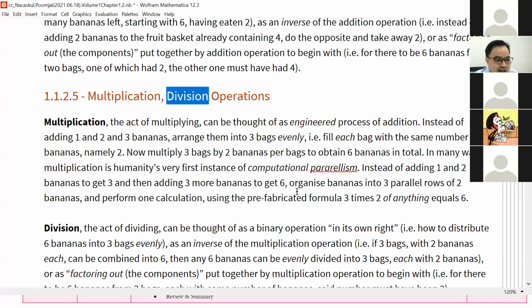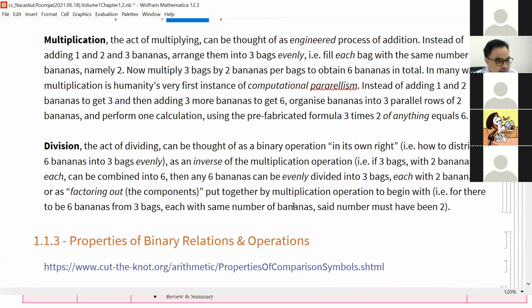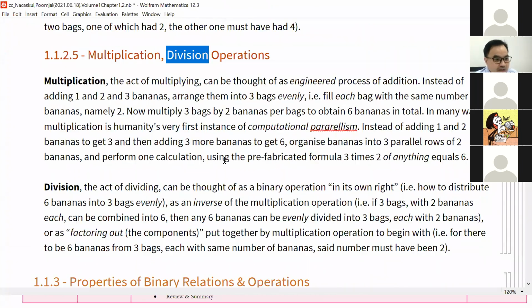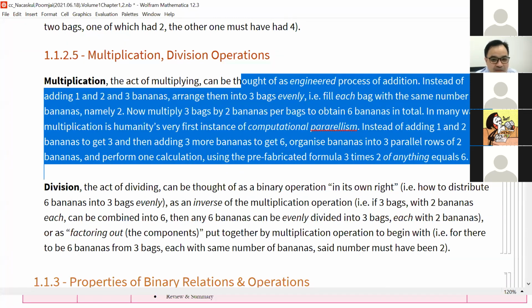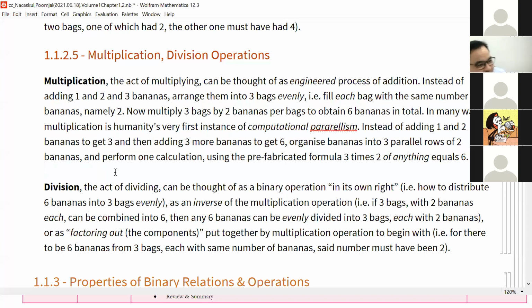Multiplication and division, likewise, are inverses of one another. And this is a good way of thinking of reading, by the way. Multiplication, in a way, is a humanities computational parallelism. This is what makes your modern life possible.